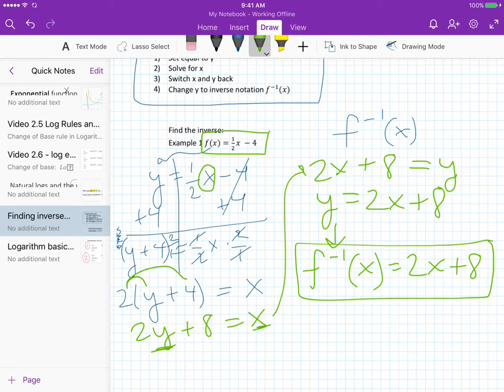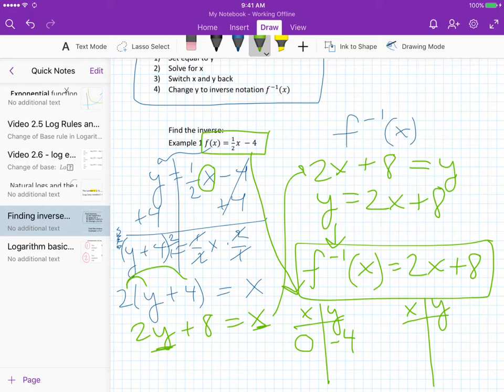That's the inverse. So that means that for this function here, 2x plus 8, if we were going to make a table of x and y values for both the regular and the inverse, right? If I was going to make a table here for this function, 1/2 x minus 4, if I plugged in 0 to the original equation here, 1/2 times 0 is 0, and then negative 4 would be my y value.